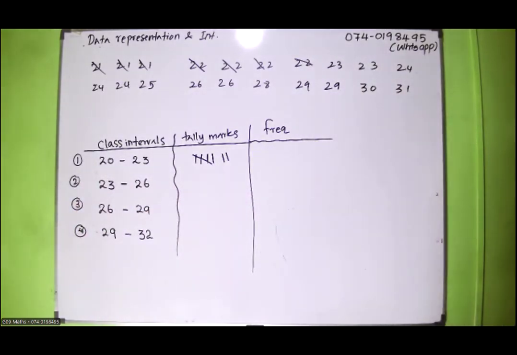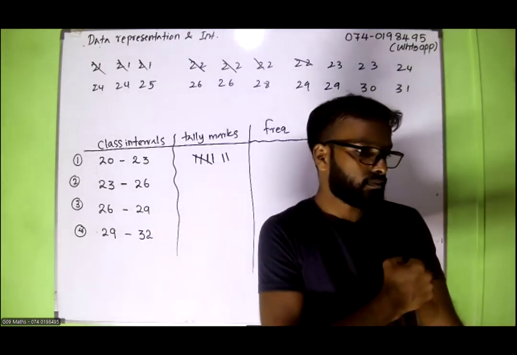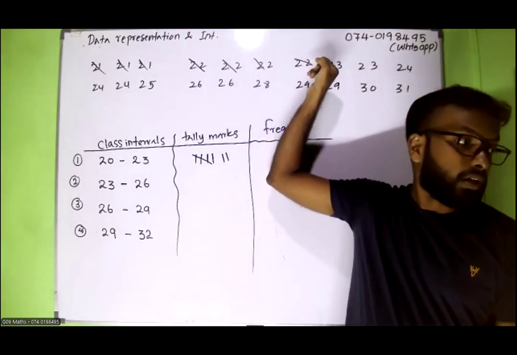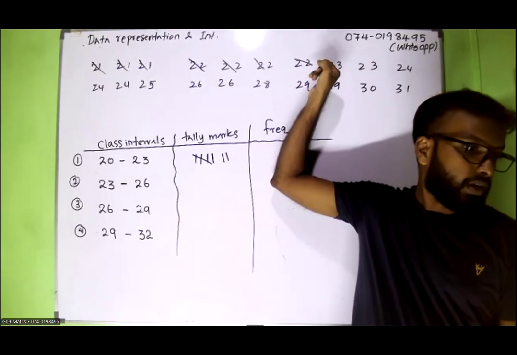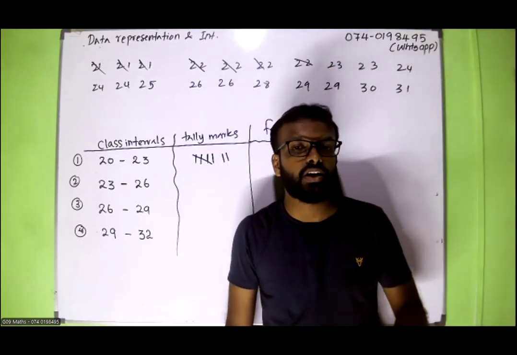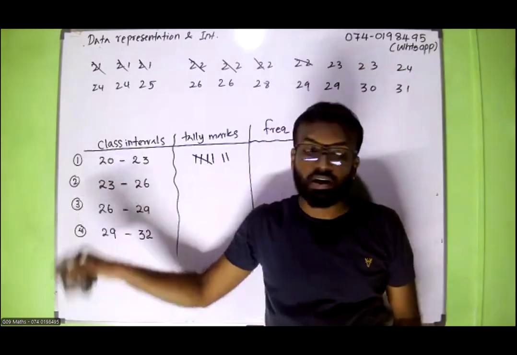Don't take too much time. Hurry. This value 23. Tell me which class interval you are going to put 23 in. First one or second one?